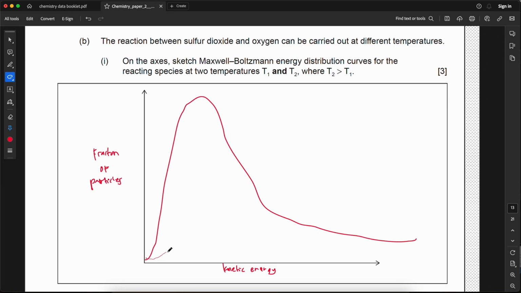But the second one is lower, okay, so this will be T1, this will be T2. So lower temperature, higher temperature. The higher temperature curve must be slightly moved to the right and have a lower peak, because we need to show it has more particles that have higher kinetic energy. Okay.